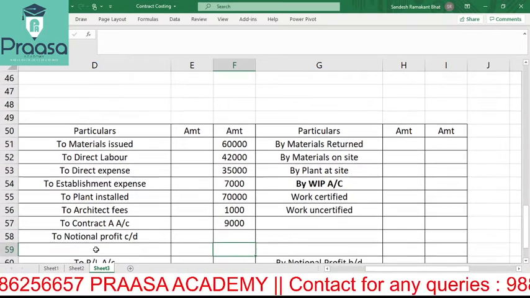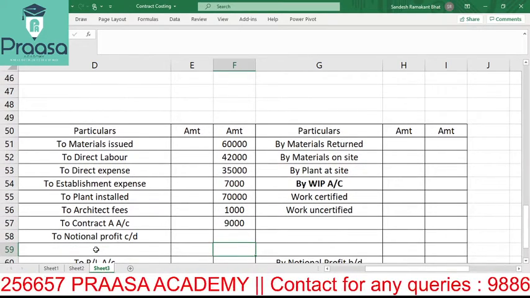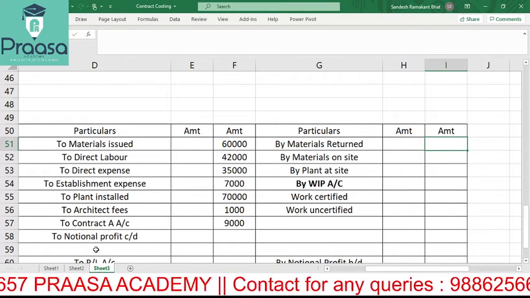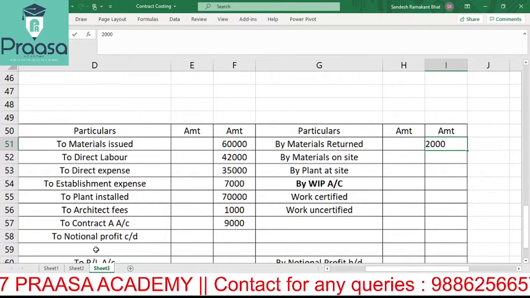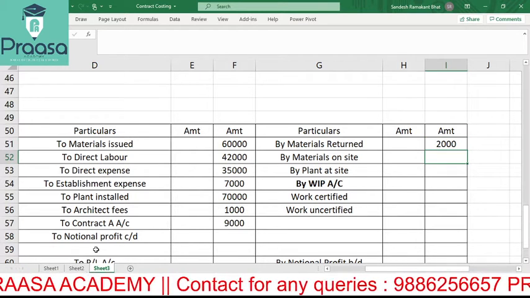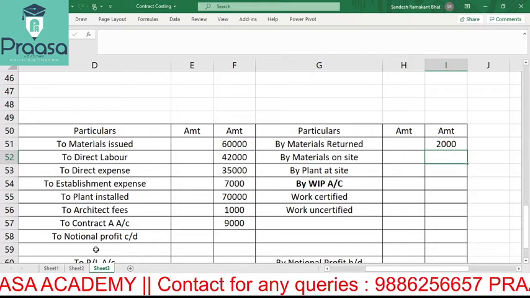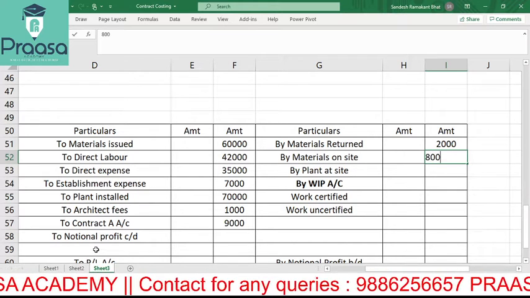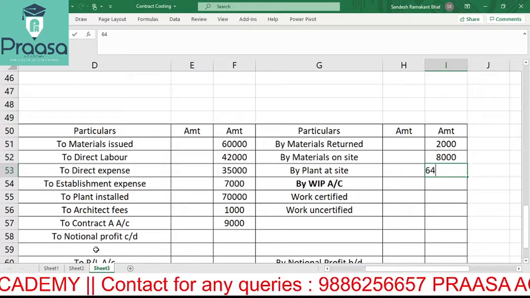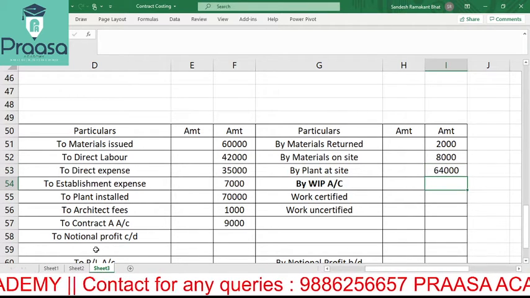Am I right? Yes. Then comes material returned, in this case 2,000. As I am telling you, I'm assuming that you have already written the question, because if I go back to the question again, it will be time consuming.